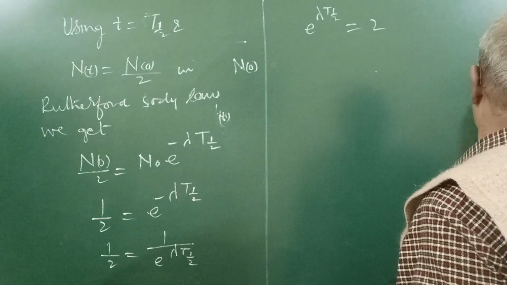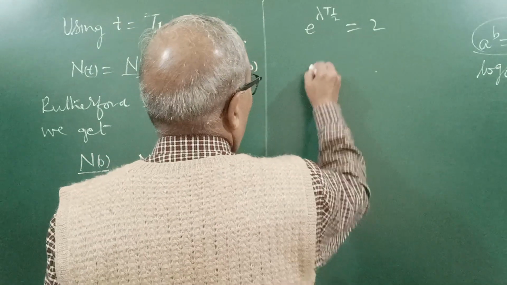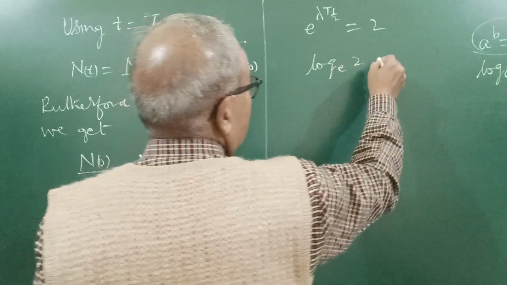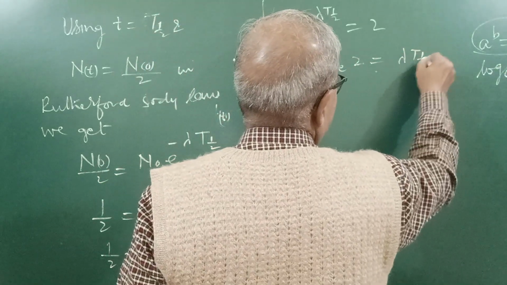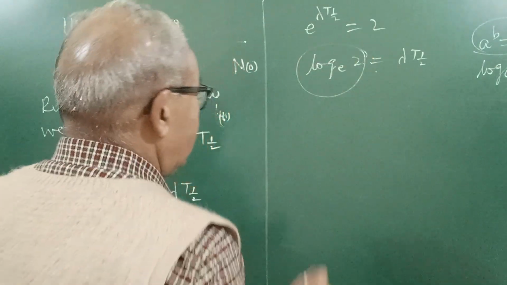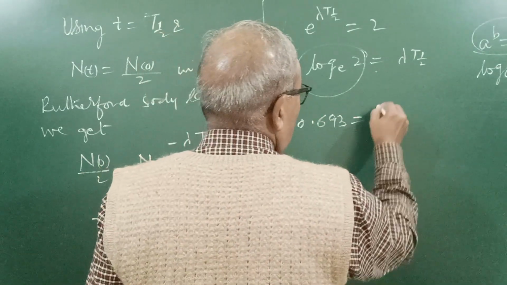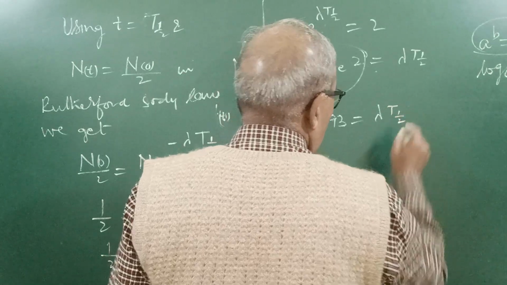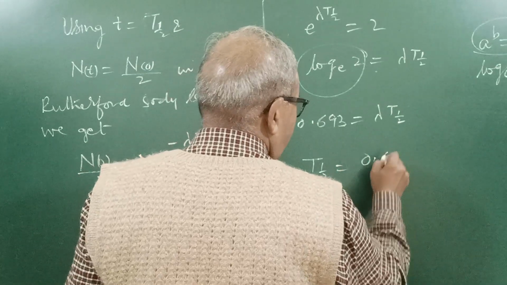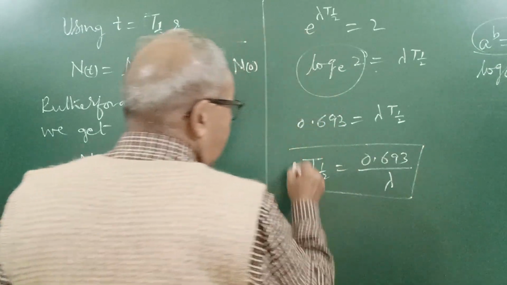We can write log of 2 on base e is equal to lambda t half. Mathematically, the value of log 2 on base e is 0.693, equal to lambda t half. Or you can say here t half is equal to 0.693 upon lambda.